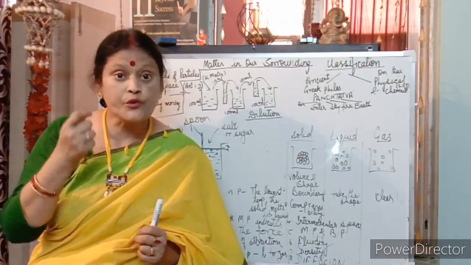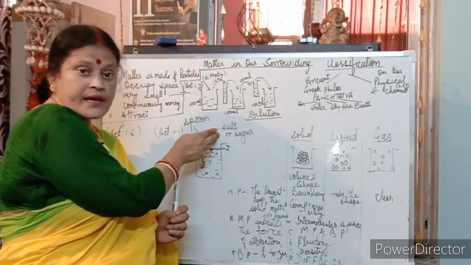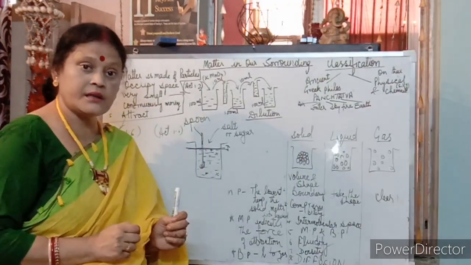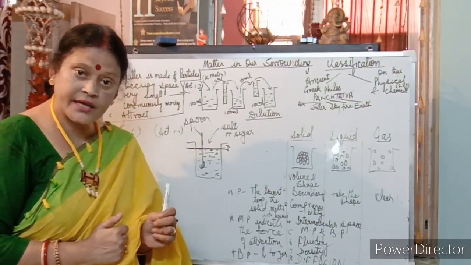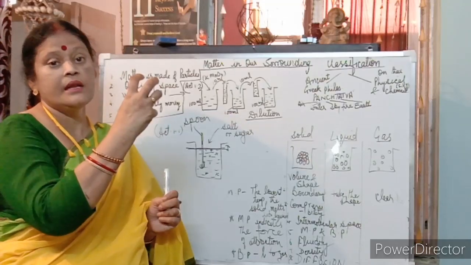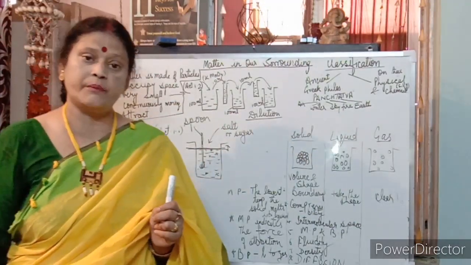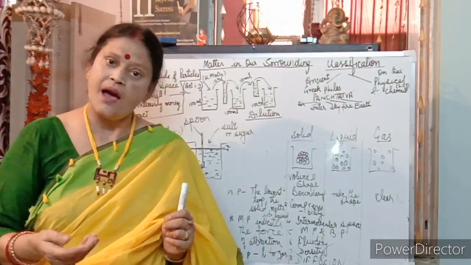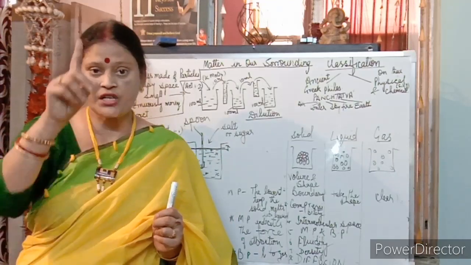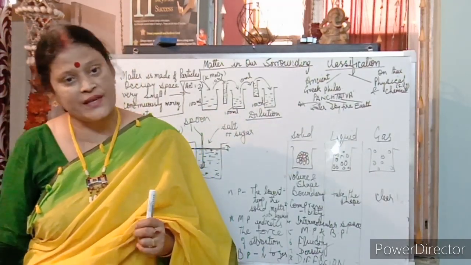So this proves that one particle occupies the space between the other particles, which is known as dissolving. That means one particle has mass and occupies space between the other particles. That means I am talking about matter, which occupies space and has its own mass. So the first physical nature: particles of matter occupy space.